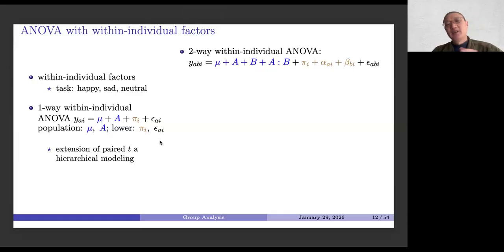So that's one-way. Now suppose we have a two-way within-individual ANOVA. That means we have two factors, both repeated measures. If you use the R notation, this would be the model structure. We have four terms for the fixed effects or constants: the intercept plus the two main effects plus the interaction between those two factors.